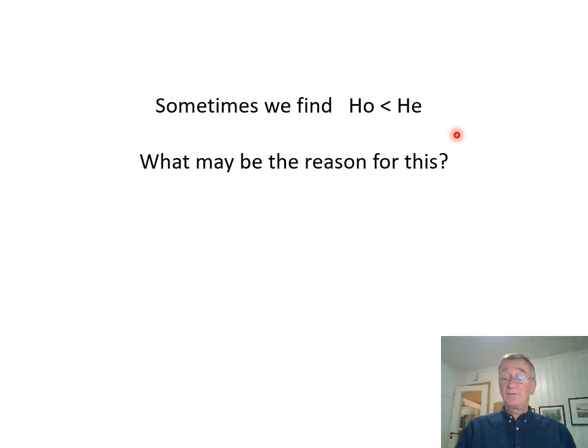And the reason for not being in Hardy-Weinberg equilibrium is the criteria that we saw in one of the first slides: not random mating, a very small population, there is migration, and there is some natural selection going on, and things like that.